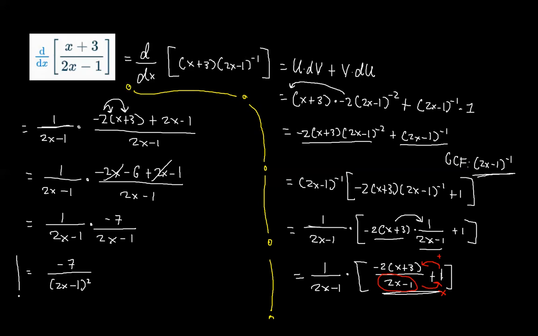So this is your final answer. Or you can simply expand this one, so this would be 4x squared minus 4x plus 1. It's up to you.